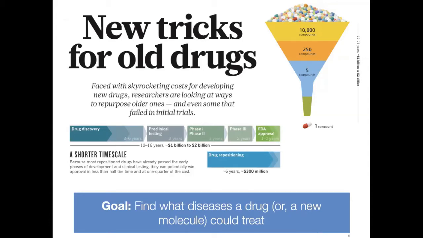So in a way, we are looking to find new tricks for old drugs. We try to find how to repurpose, extend the use of current drugs and use them for diseases that we care about. In particular, this is an appealing strategy. Why?